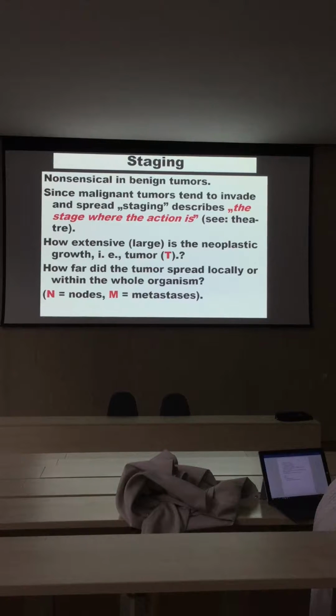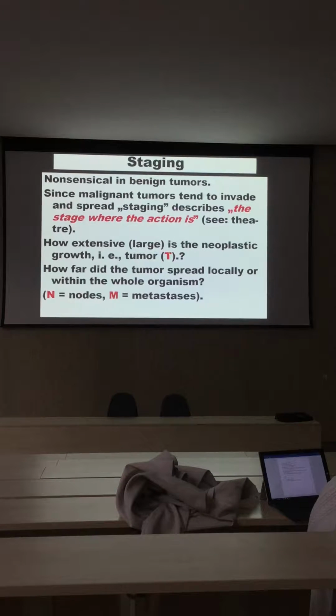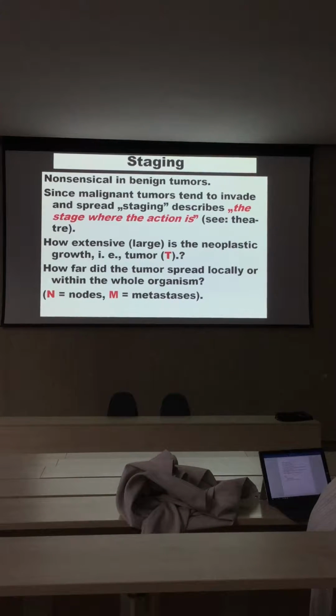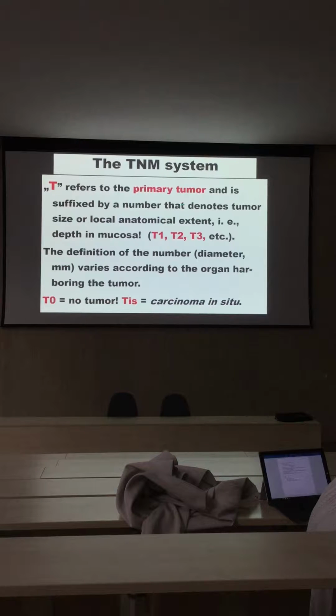But as a start, it's worth remembering that T refers to the size of the tumor, N refers to the lymph nodes that are involved, and M refers to metastases. Now, T usually refers to the primary tumor, and the size is expressed by numbers that are suffixed to the T itself.